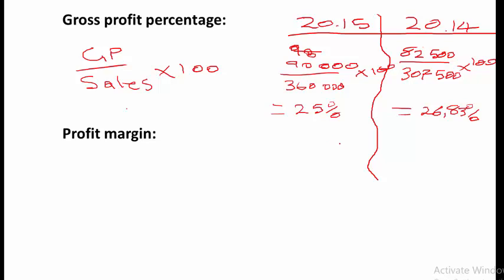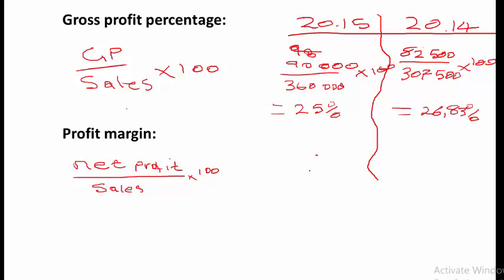Let's put down the formula: net profit over sales multiplied by 100.